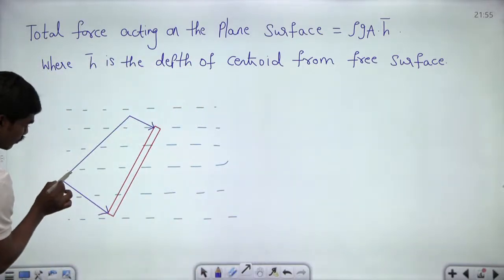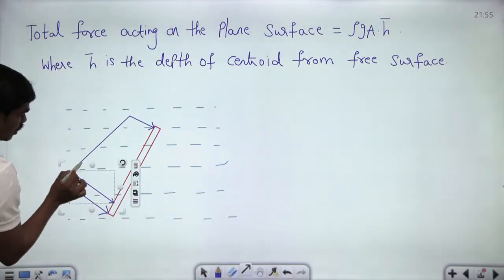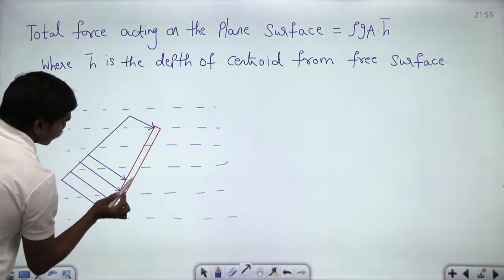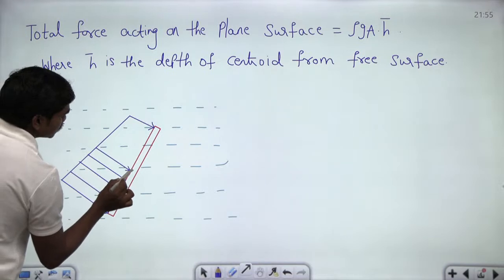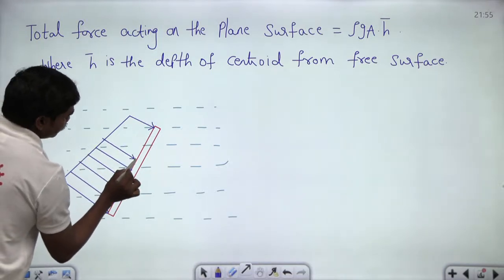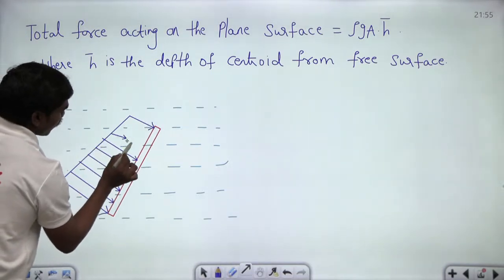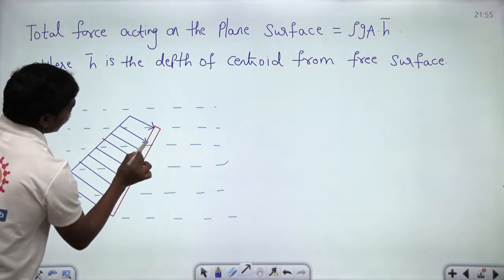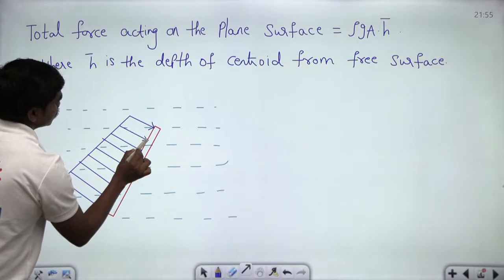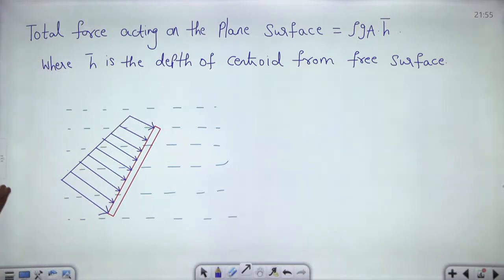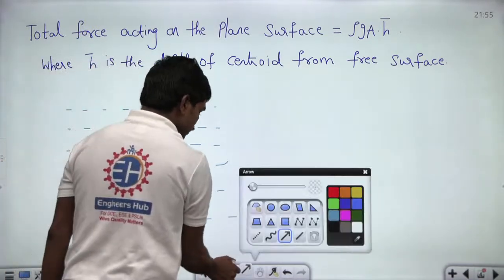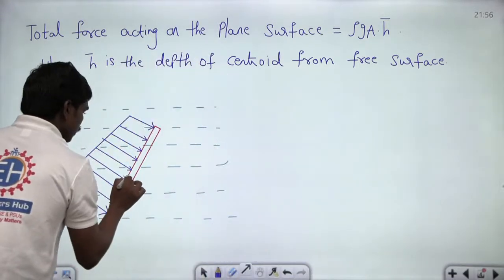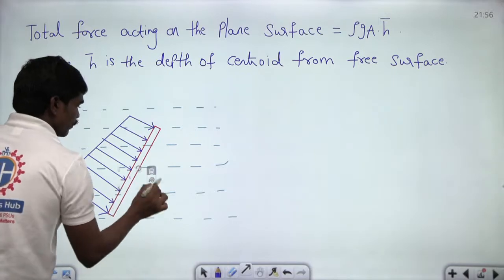See here, this is how pressure varies. Fine, and you can see this is the location of your centroid.